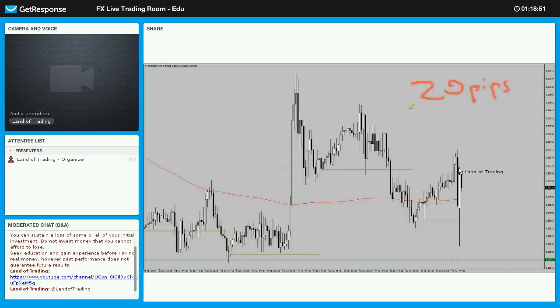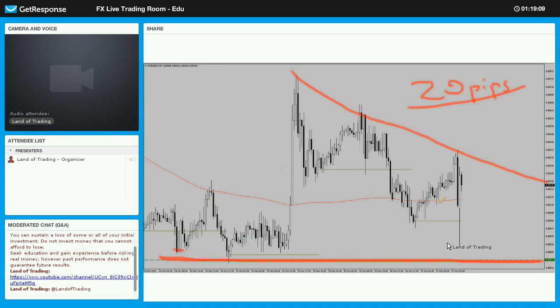Okay. The move to the downside, I do expect we are going to retest. That's the falling trend line here. So let's have a look how it developed.